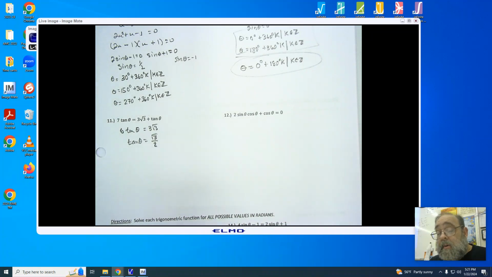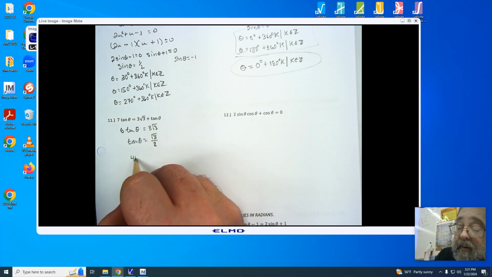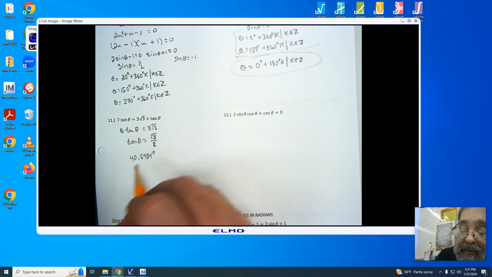Alrighty, here we go. I'm going to have to use my calculator for this. So I'm going to be doing the second function of tangent is root 3 divided by 2. And my first answer in degree mode is 40.8934 degrees.